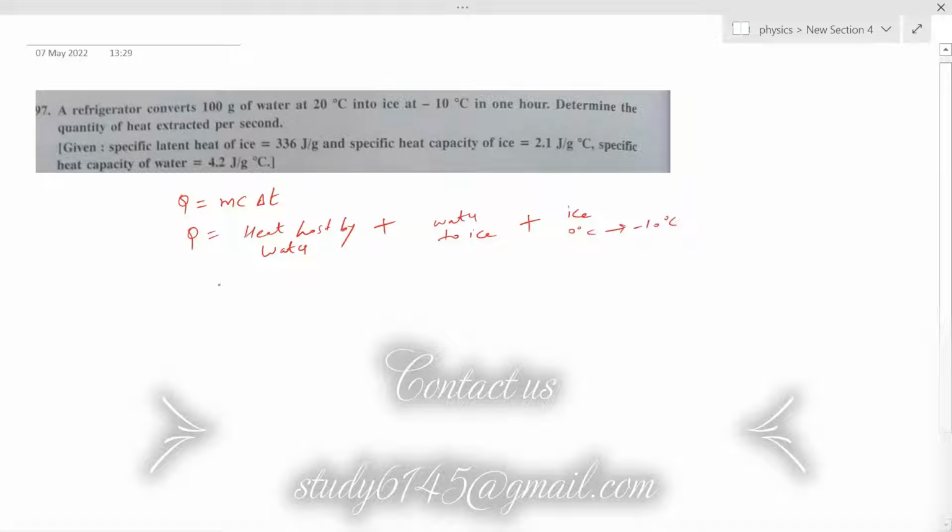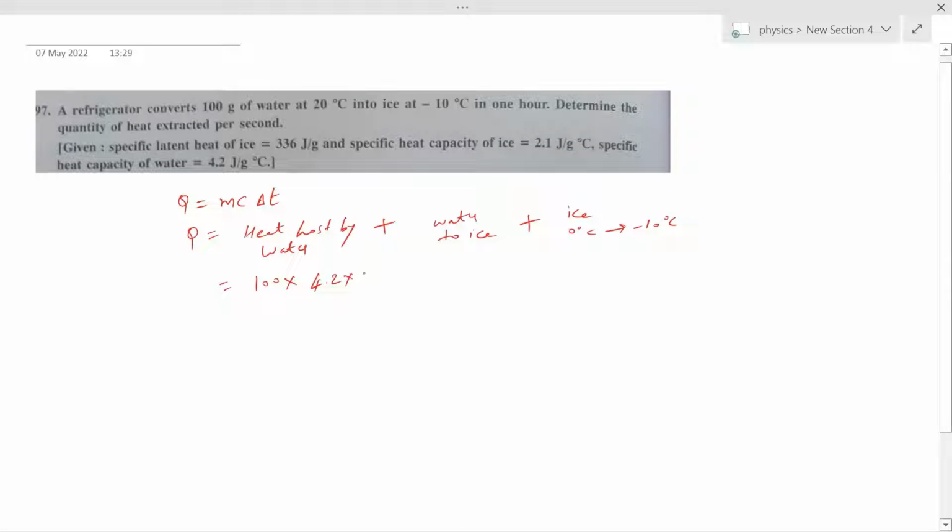Now tell me what value should I include? 100 multiplied by 4.2 and 20 minus 0, or 0 minus 20? Into ice at minus 10 degrees Celsius.